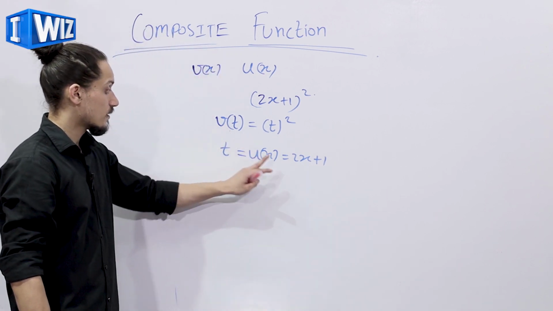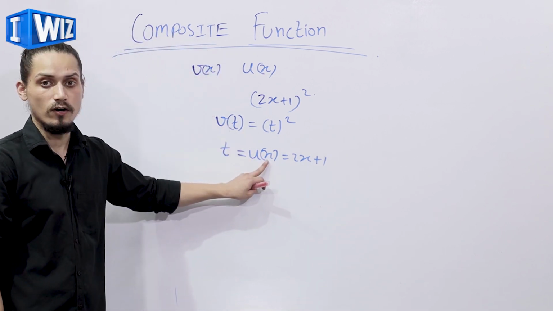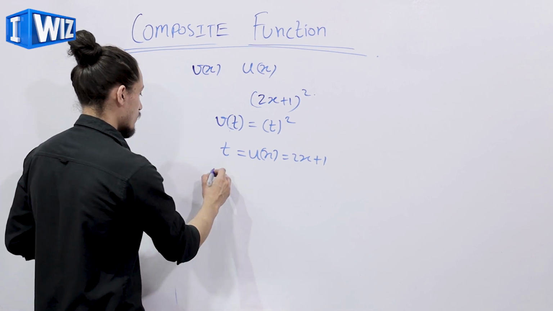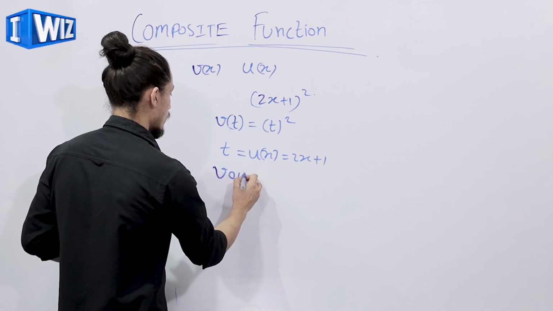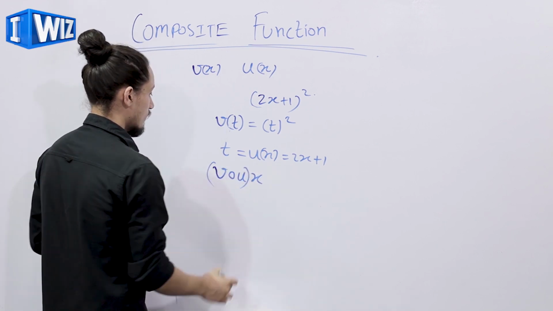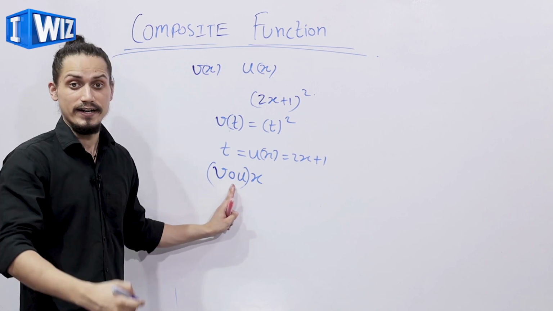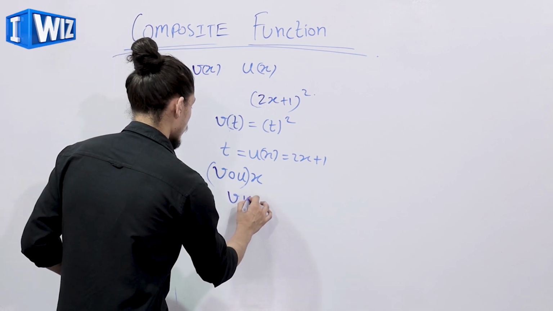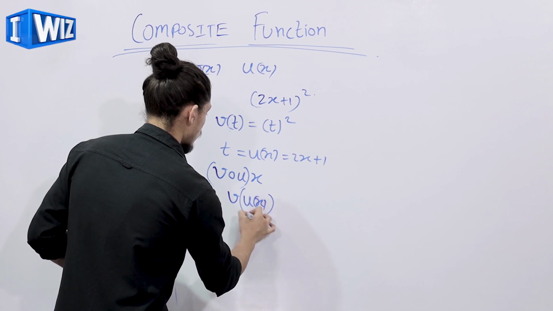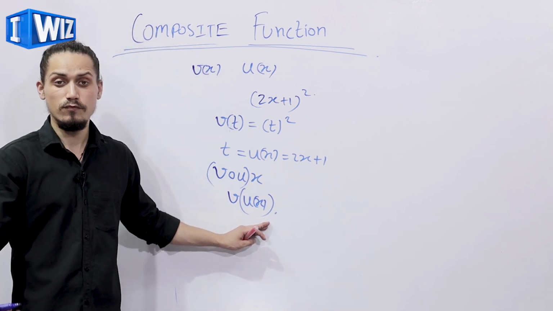So in this case, v of t is dependent on u of x. So I can write it as v of u of x. Such a function is called a composite function.